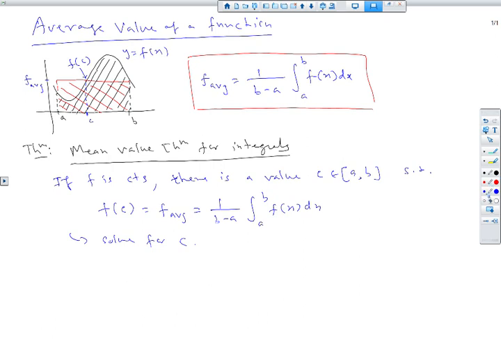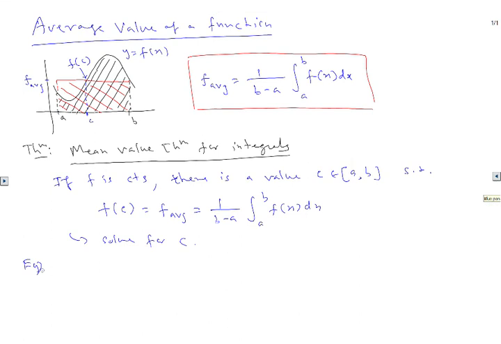So how about this one? Let's say find the average value of the function f(x) equals 1 plus x squared on the interval -1 to 2.